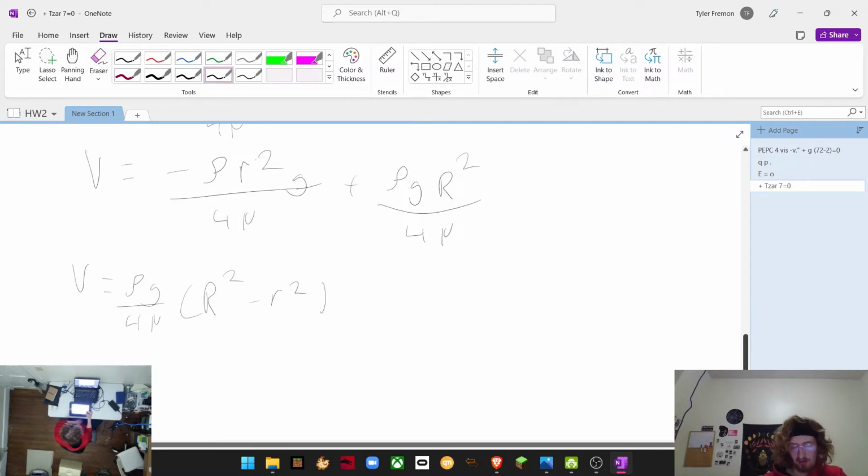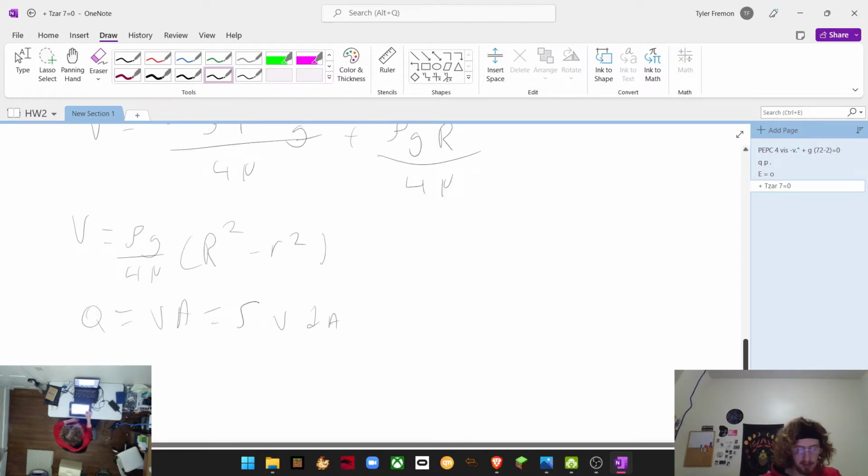So we have an expression for velocity, but we're interested in relating this to flow. To start with, our volumetric flow rate is going to be equal to our velocity times our area. But we can also do this in terms of an integral of our differential areas times our velocity.